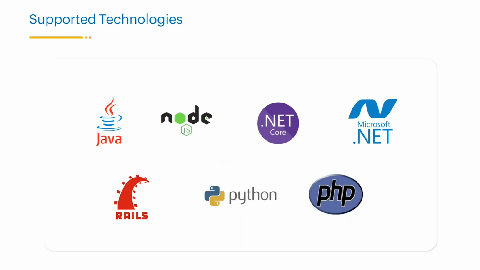A complete end-to-end view of user transactions across your entire web application will help you to avoid performance issues. Also, you can analyze the root cause of the problem much faster by performing the first level of troubleshooting. The supported technologies of APM Insight are Java, Node.js, .NET Core, Microsoft .NET, PHP, Ruby on Rails, and Python.